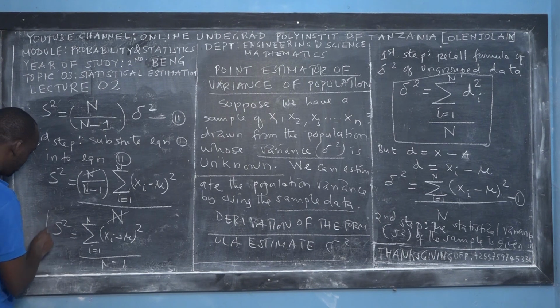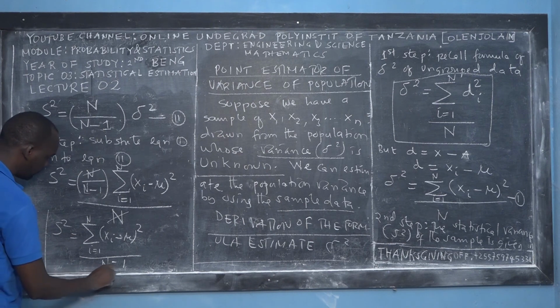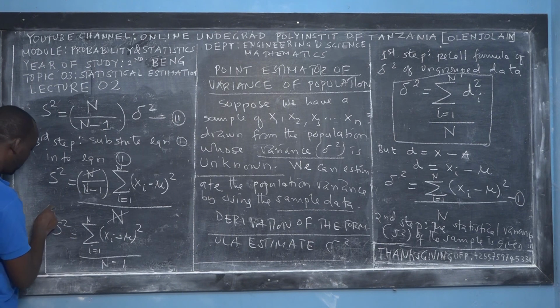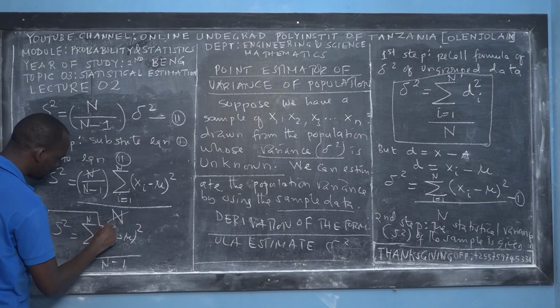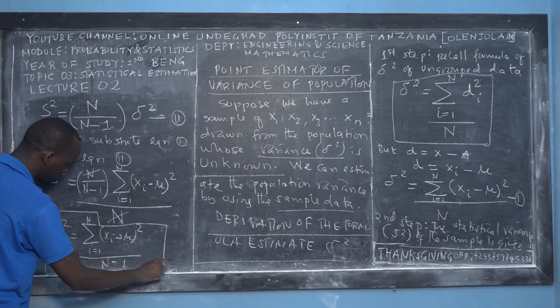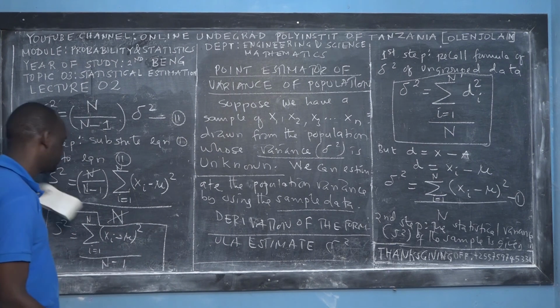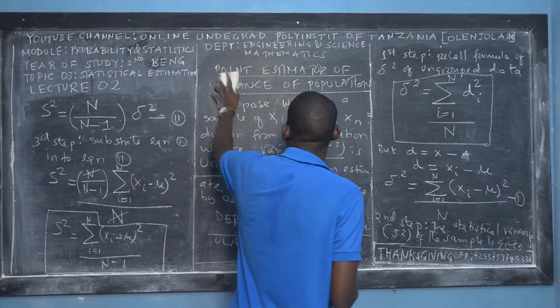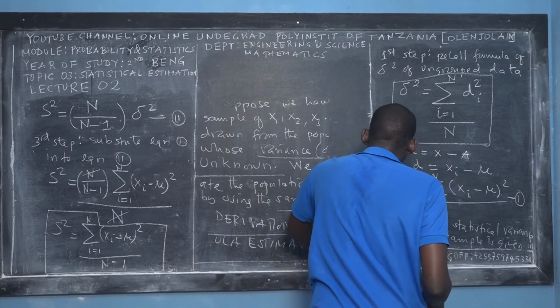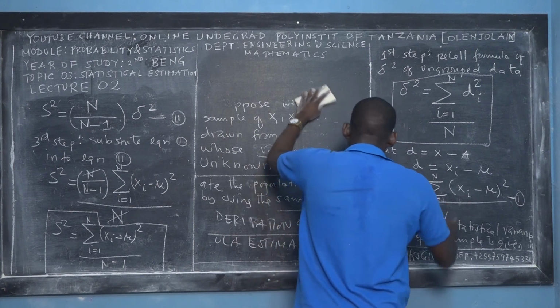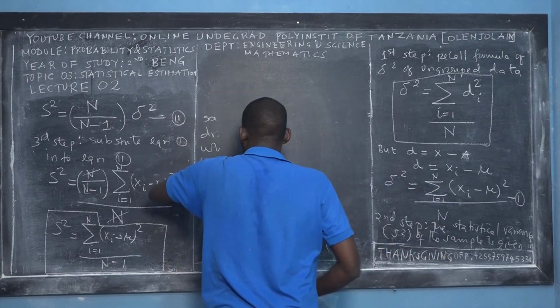So this is our final formula that we use to find the point estimate of what? Of variance of statistical data. So that's the formula, right? Simple, it's not complicated. You just have to remember these two formulas. First equation, the second equation, that's all.